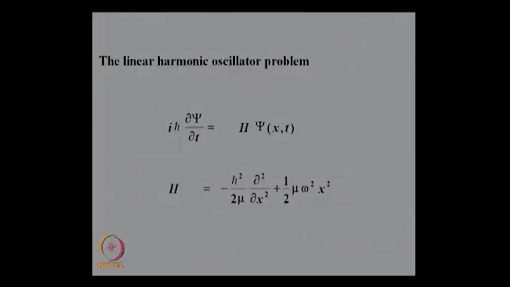So, we have been discussing the harmonic oscillator problem, and as I told you, this is just briefly going through what I have already done. This is my Hamiltonian, p square by 2 m, and this is the potential energy function half mu omega square x square corresponding to the oscillator.